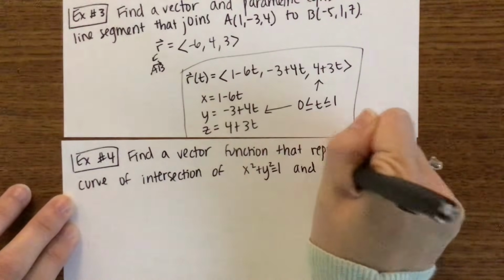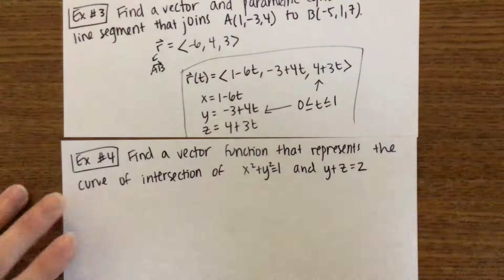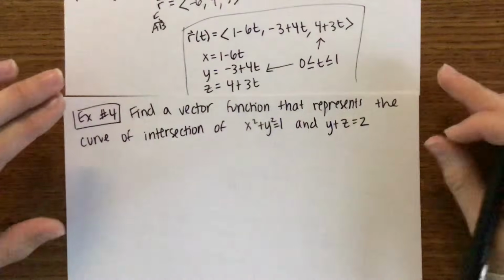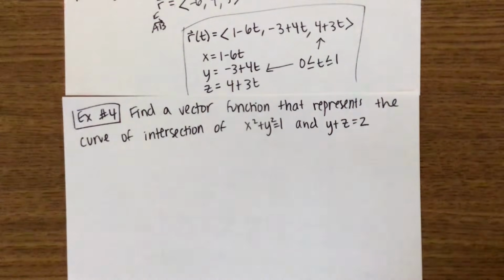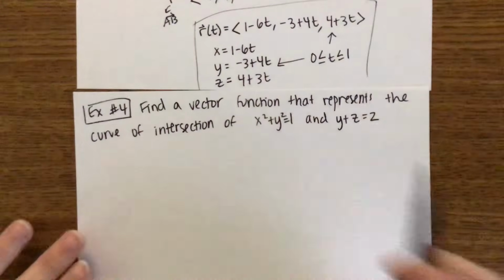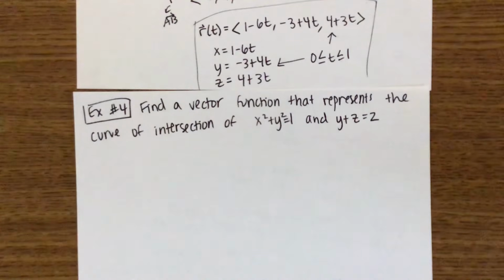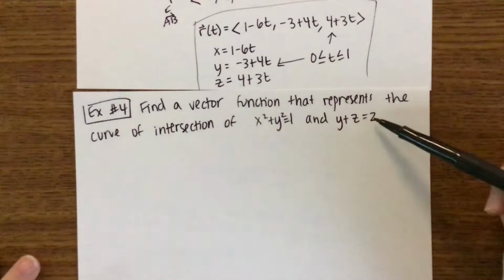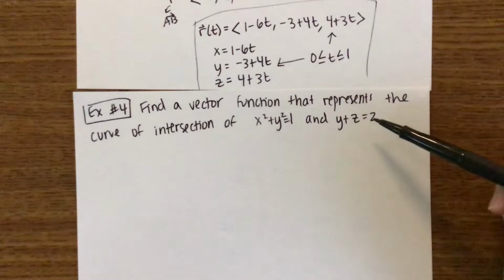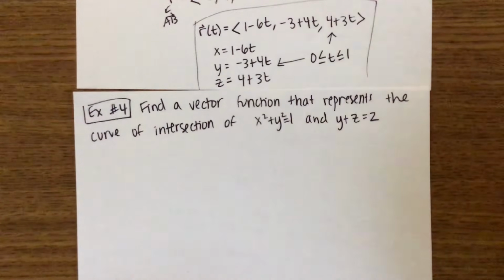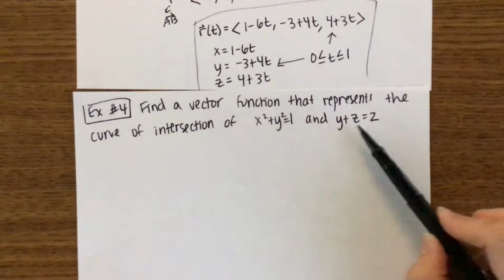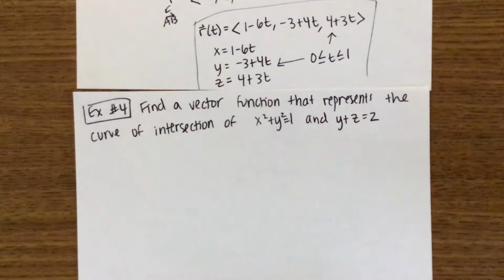Second one is y plus z equals 2. Okay. If we were to graph this first one, the x squared plus y squared equals 1, what is that going to look like? Cylinder. So this one will be a cylinder. Y plus z equals 2. That one's a plane.